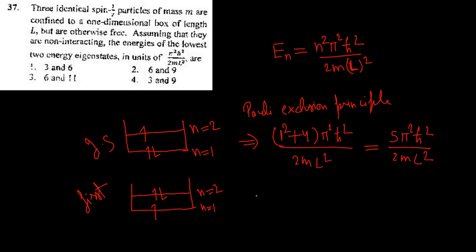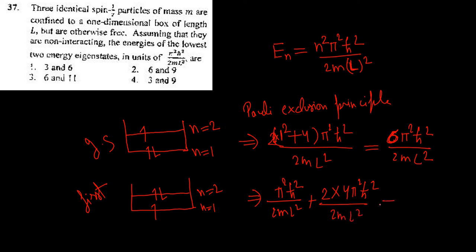Now here there are 2 particles, 2 into 1, so this will become 2. 2 particles in the ground state, so 2 into 1, and here you will have pi square h cross square upon 2m L square, plus 2 particles in the second state, means 4 pi square h cross square upon 2m L square. So this will become 8 plus 1, 9 pi square h cross square upon 2m L square.